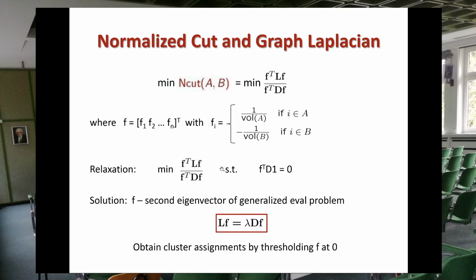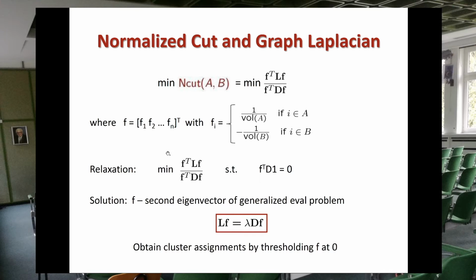So to solve this, we make an assumption, and this is part of the mathematical optimization problem. The assumption is that if you compute this product here, which is the vector f times the degree matrix times the unitary vector, that equals 0.